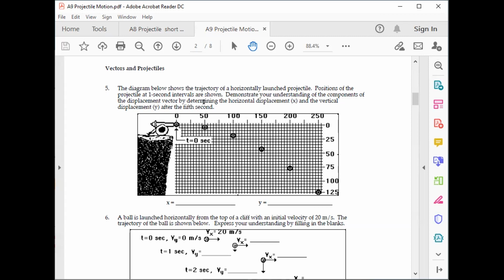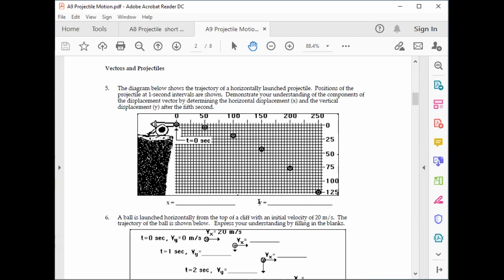Demonstrate your understanding of horizontal at the 5th second, after the 5th second, which sounds like 6 to me, okay? So if this is 250, the next one over is going to be 300. So over here, we would put 300, okay?